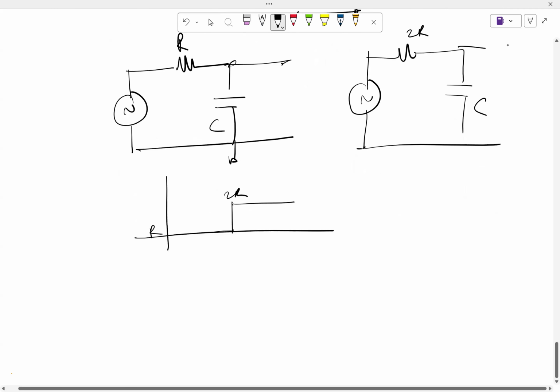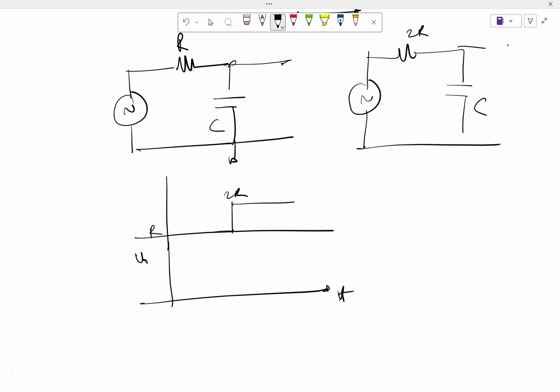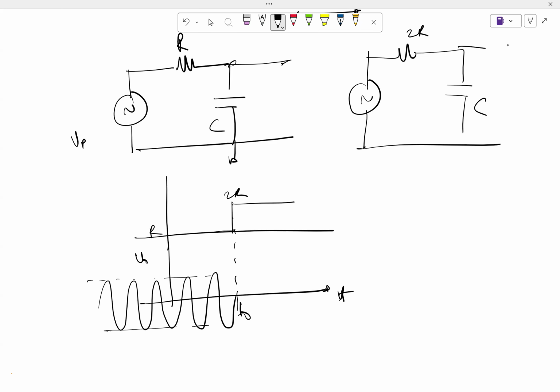Your output will be some waveform till this T naught, at steady state. And what will be the envelope? For RC, what is the amplitude? This is Vp sine omega naught t, let's say.